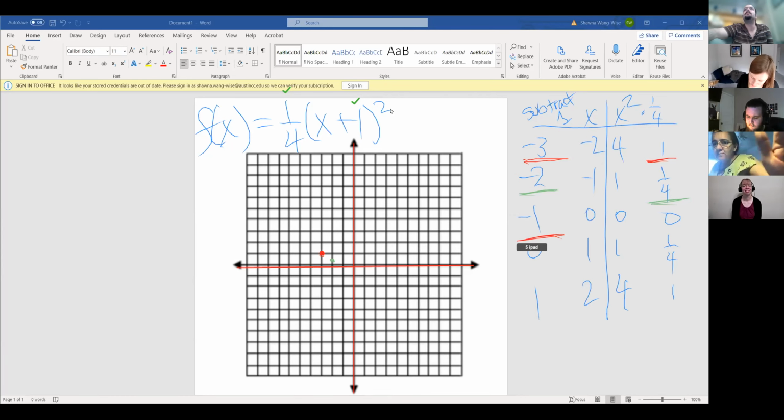The next one is -1, 0. That's my next point, -1, 0 right there. Next point, 0, 1/4. And the last point is 1, 1. There we go. Now when you do parabolas, it should be symmetric.